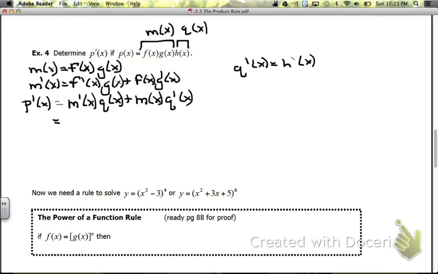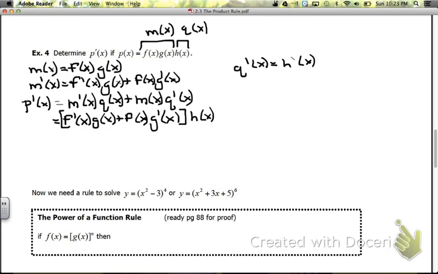So our m prime of x is equal to f prime of x, g of x, plus f of x, g prime of x, times our h of x.